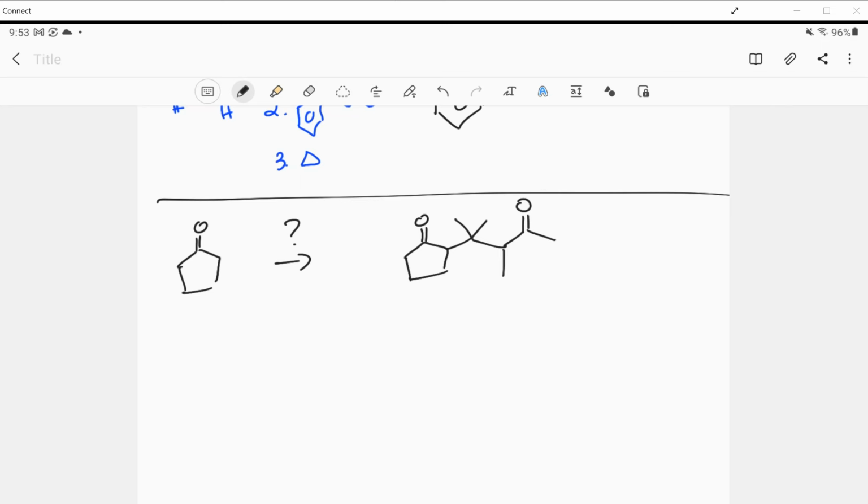So, first question you want to ask yourself, besides what's different, is what's the type of functionalization here?